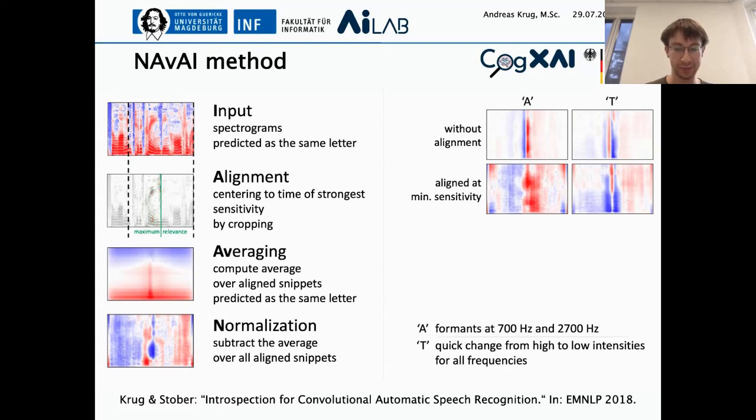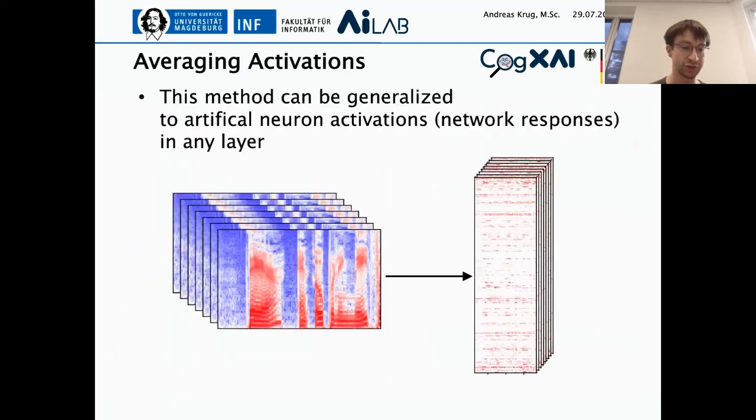So we talked about inputs, and I hope you now have an idea of how this is meant to work. But we can also generalize this to the activations. Instead of using the inputs on the left side, we use activations somewhere in the middle of the network. In this case it was a ReLU network, so you only see positive activations.